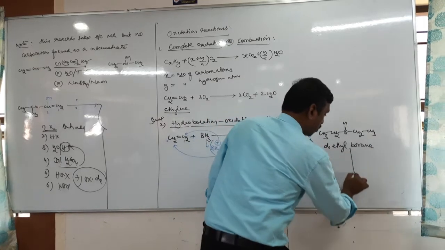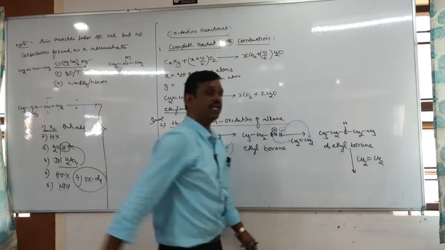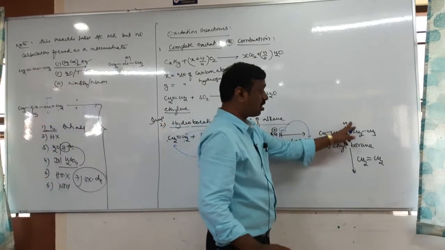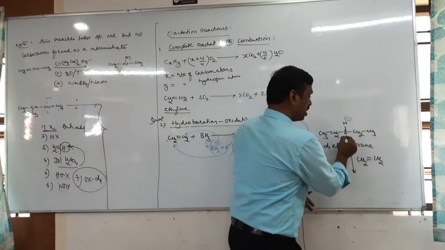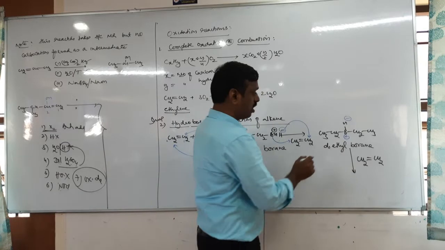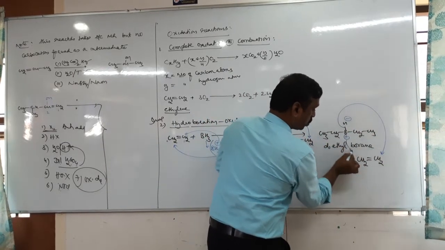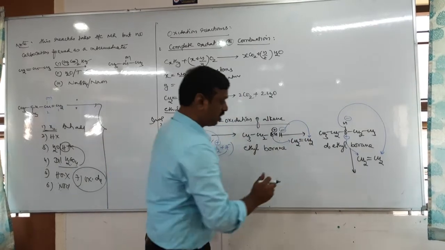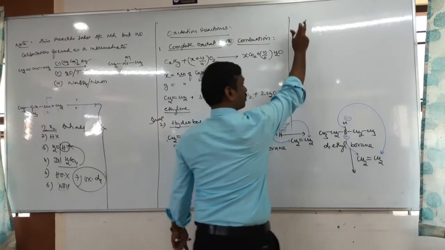This diethyl borane again reacts with another molecule of alkene. Yes or no? Why? There is another hydrogen there. This hydrogen has H minus, B is B plus. Therefore this H minus is added to one carbon and B to another carbon. So what does it become? Shall I write here?